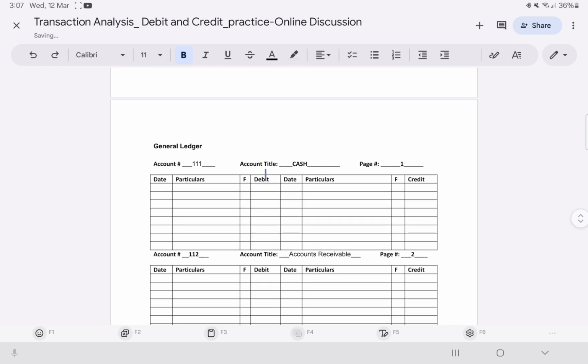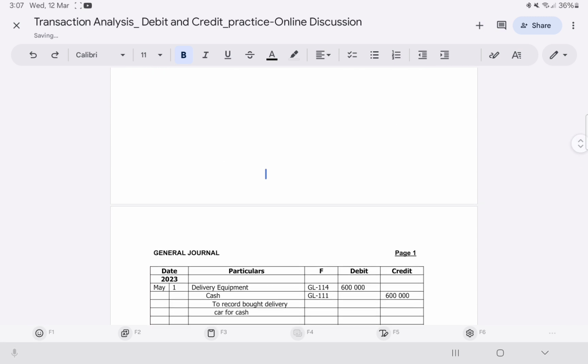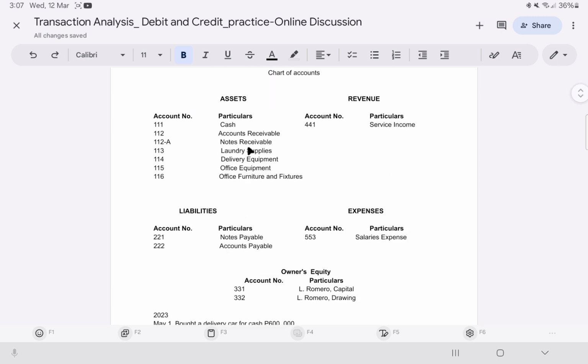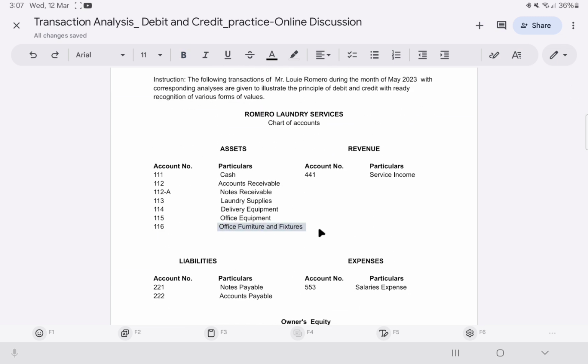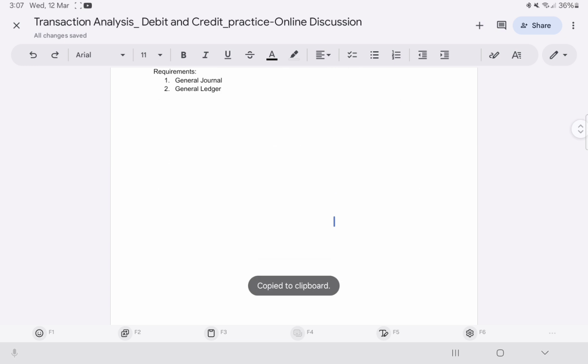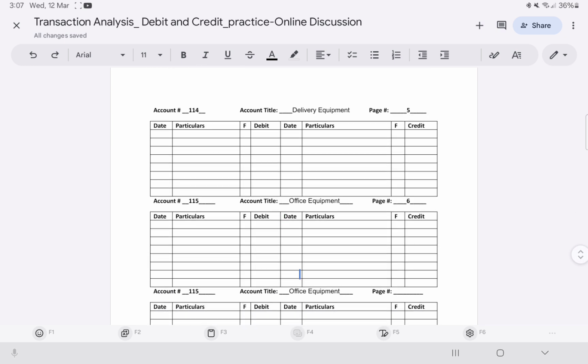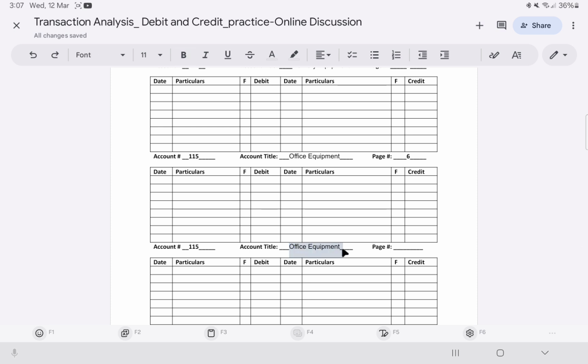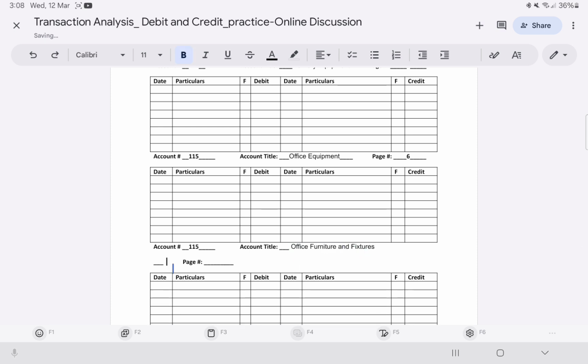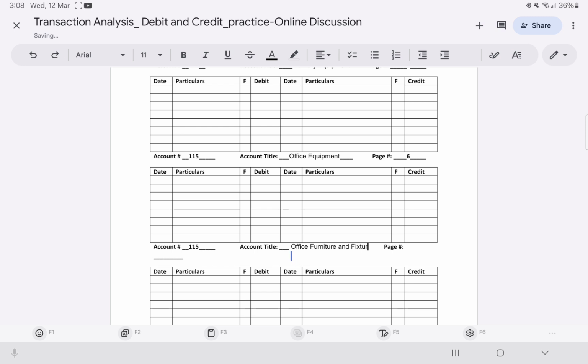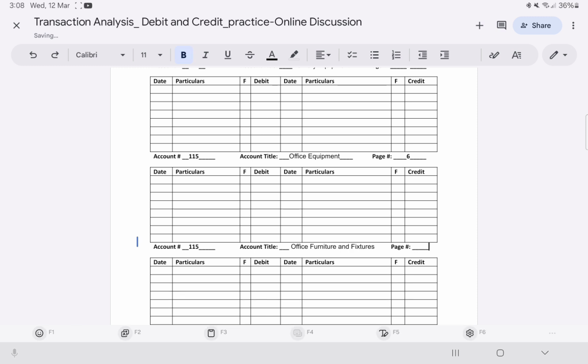Then next to office equipment, we have office furniture and fixtures, 116. Office furniture and fixtures. Okay, and this is page 7.